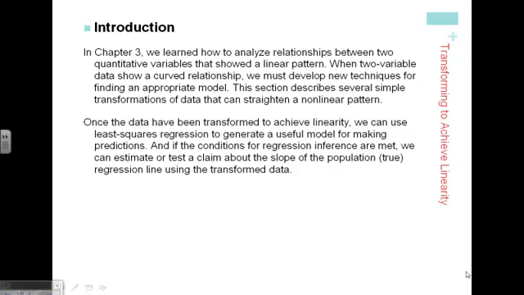And if we wanted to use the procedures that we talked about in class, we said the relationship has to be linear. But relationships between quantitative variables are not always linear. Are they, Paul? No, they're not always linear at all. A lot of times, the most interesting relationships are nonlinear.